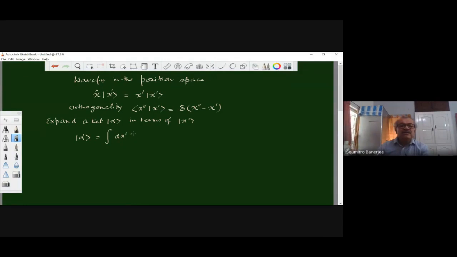It is something we did in the last class, so I'm not explaining each bit of it. It is the projection operator. Normally it would be a sum, but in the limit it is an integral, operating on alpha. So that is how alpha was expressed in terms of the x prime, that means in the position coordinate.